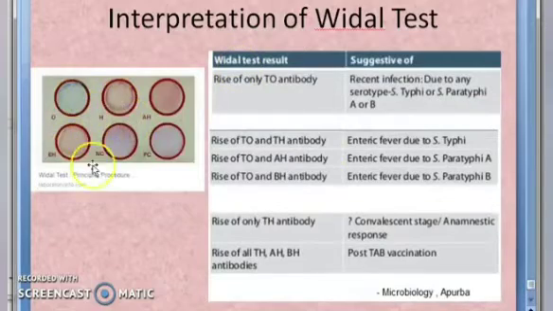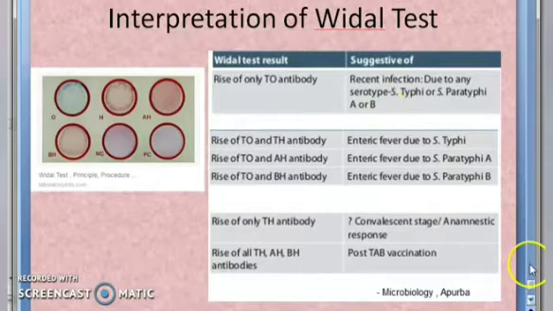Now let us just look at this. This is a slide. They have done it on a slide. It's not very precise. When you do it on a slide, you should actually do it in tubes. But let us say you have done a slide as a screening test. And you can see that O antibodies are present. So O agglutination will be there. So TO has agglutinated. That means it can be anything: Typhi, Paratyphi A or B. That is because I think they are using O12.